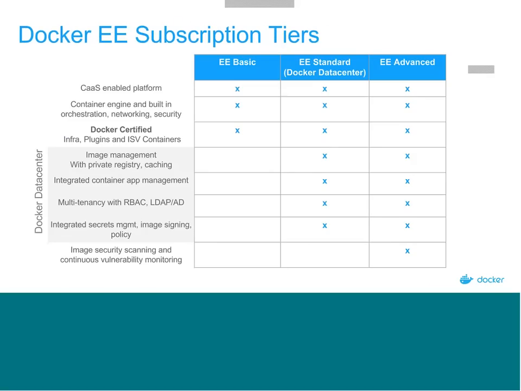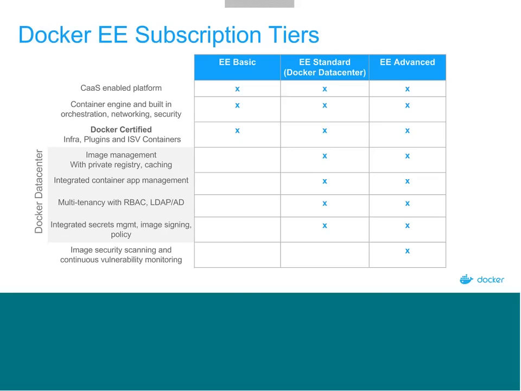So for Docker Enterprise Edition, there are 3 different subscriptions. There's Enterprise Edition Basic, which is just the basic Docker platform with certification, of course. Then there's Docker Enterprise Edition Standard, which is what we used to call Docker Data Center.